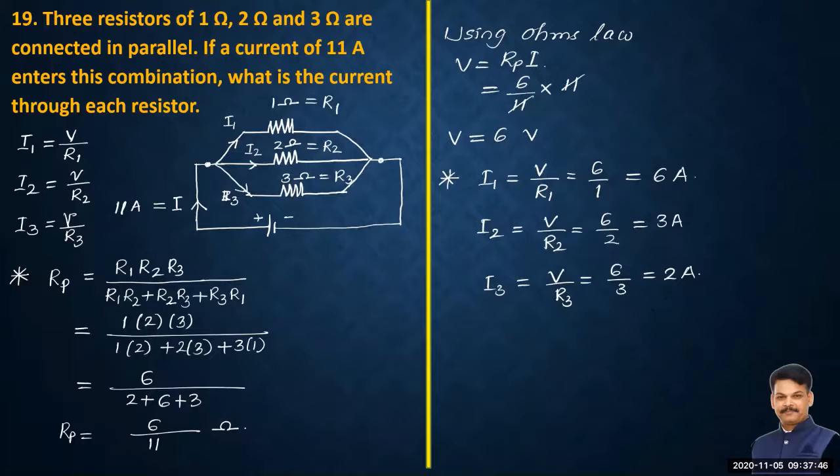When you add all together, it becomes 11 ampere only. So 11 ampere of current is split as 6 ampere, 3 ampere and 2 ampere according to the resistance. R1 value is less, hence the current flowing is more. R3 value is more, hence the current flowing is less.